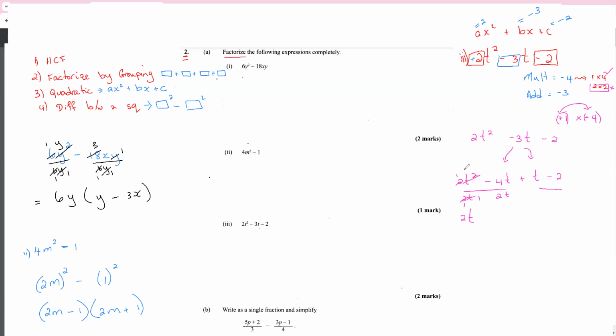T will cancel into t squared, t times. So I'll be left with t. 2 could go into 4 2 times. T will cancel out with t. So I'll have this. We're going to copy what's in the brackets and paste.